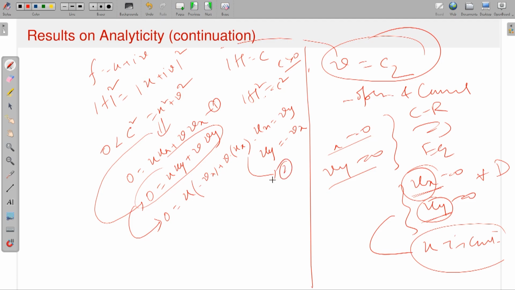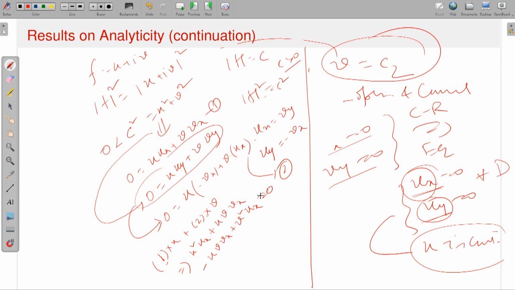I will multiply 1 by u and 2 by v. Let's see what it gives. So 1 times u gives u squared times ux plus u v vx, right, minus, you see, 2 times v, that means u v times vx plus v squared ux, right, this is 0, right.